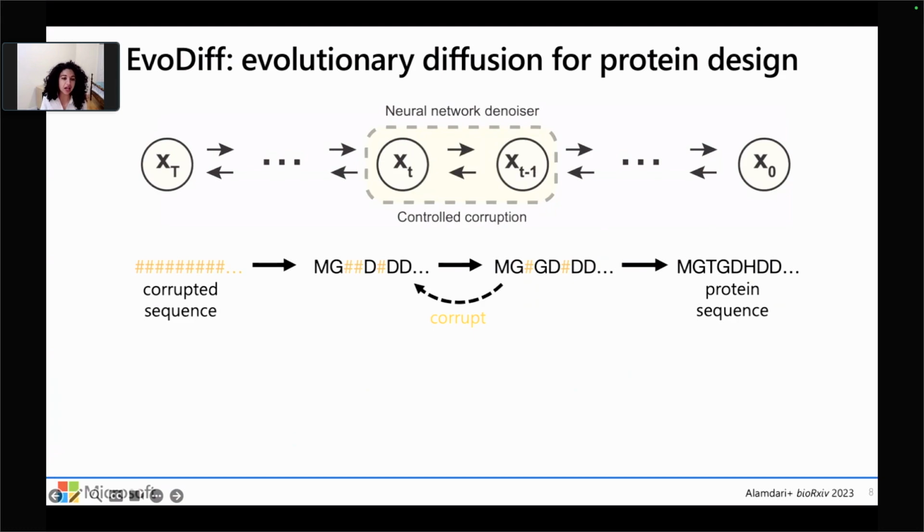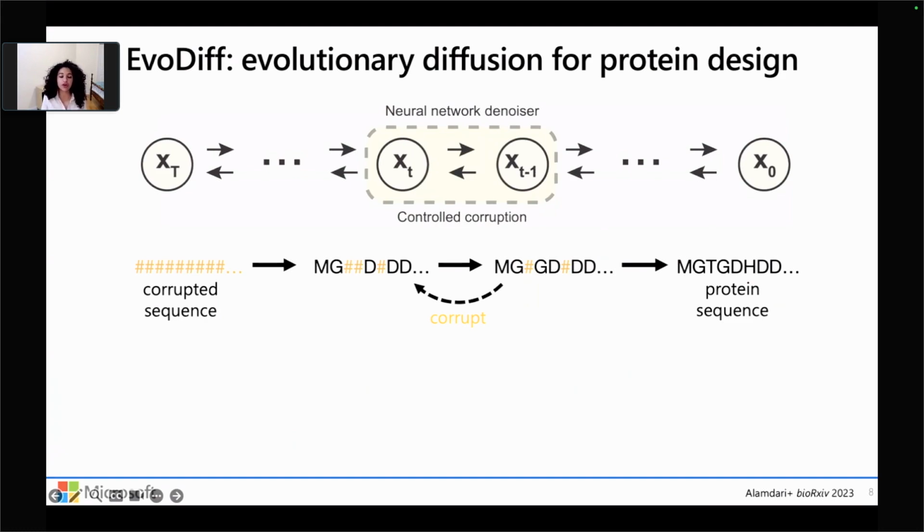And importantly, unlike a left-to-right traditional autoregressive model or a masked language model, with which diffusion models are closely related, this corruption that we're performing in EvoDiff happens in any and all possible orders within a sequence.